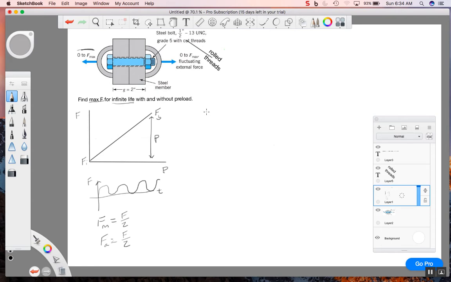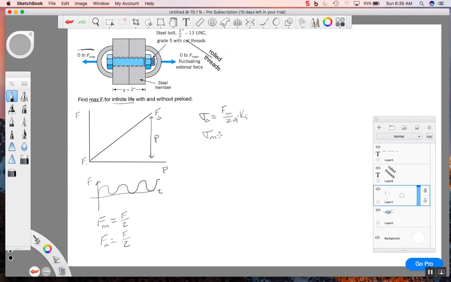My alternating stress winds up being the mean force divided by 2, over the area, times some fatigue factor. And my mean stress winds up being the same thing.